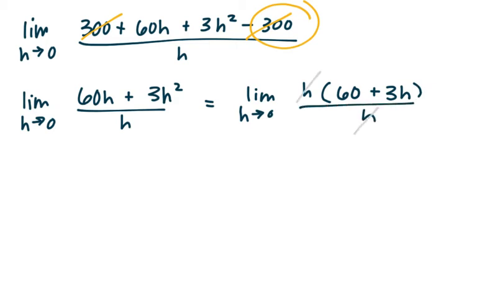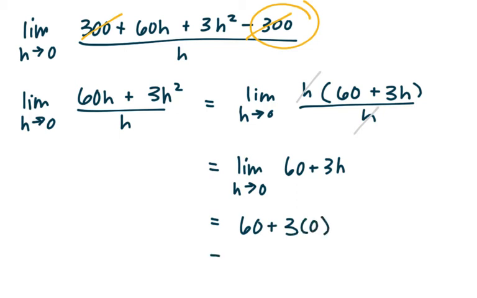Here I have one h in the numerator and one h in the denominator, so they will cancel. I have the limit as h goes to 0 of 60 plus 3h. Once I've canceled that h, now I'm going to plug my 0 in, and I do not have to write limit anymore. So this is 60 plus 3 times 0, or 60.